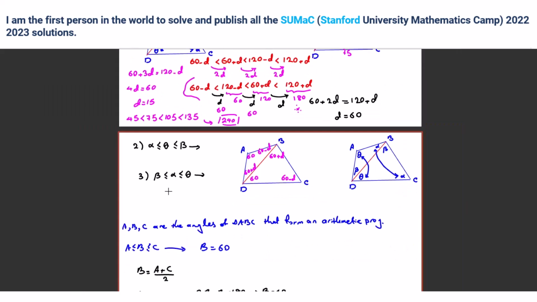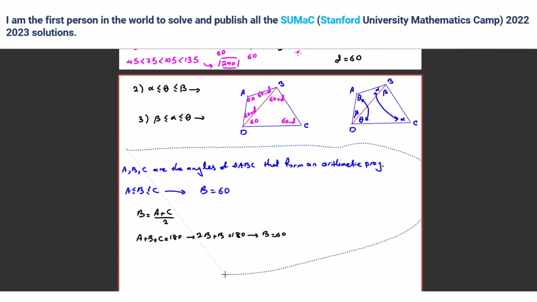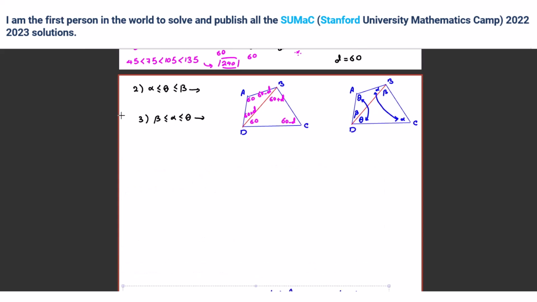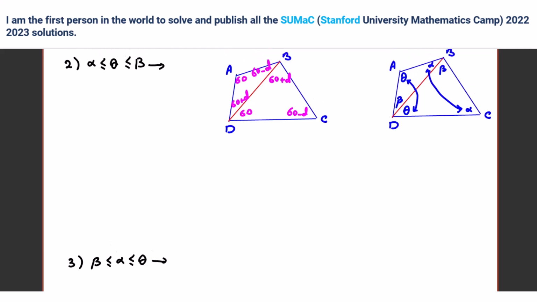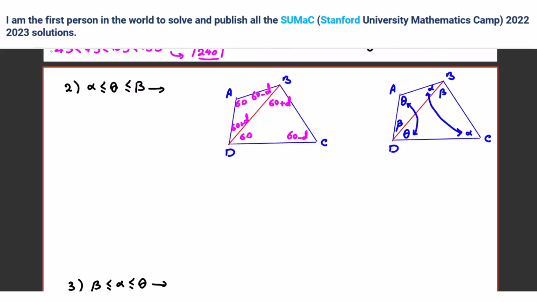And now let's move it there. If you want to consider the angles of this quadrilateral, it is 60, 120 minus d, 120, and 120 plus d, right?